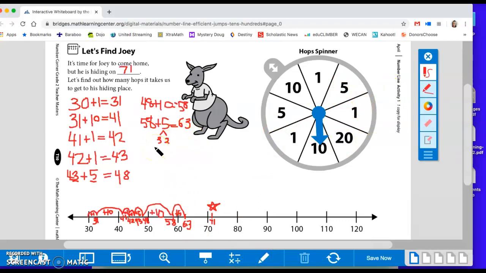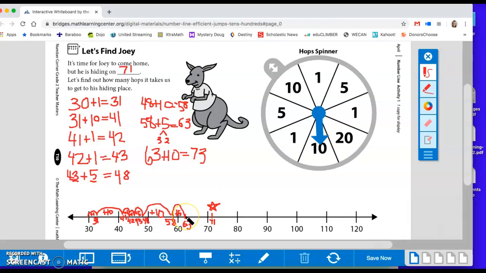So 63, I have the option of not moving at all on any given spin. Let's see. So if I did 63 plus the 10, I would be at, let's see where I would be. Let's write it down. 63 plus 10 equals 60 plus another 10 is 70, and keep the ones, 73.